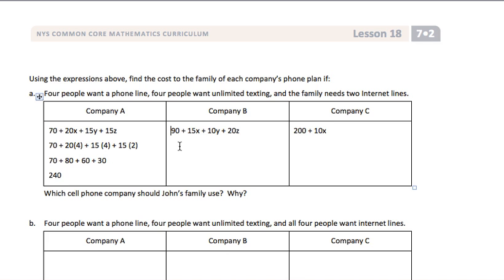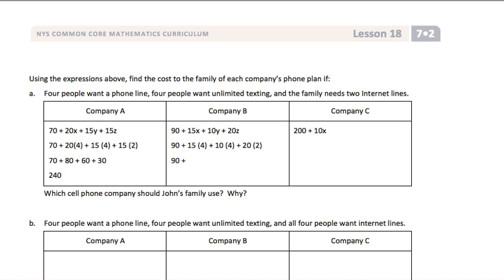Looking then at Company B, we have the $90 fixed fee plus 15 times 4, because our x and y and z values in each of these situations would remain the same for the whole situation. 10 times y, where y was actually the number of lines with unlimited texting, and 20 times z, which was the number of internet access lines.